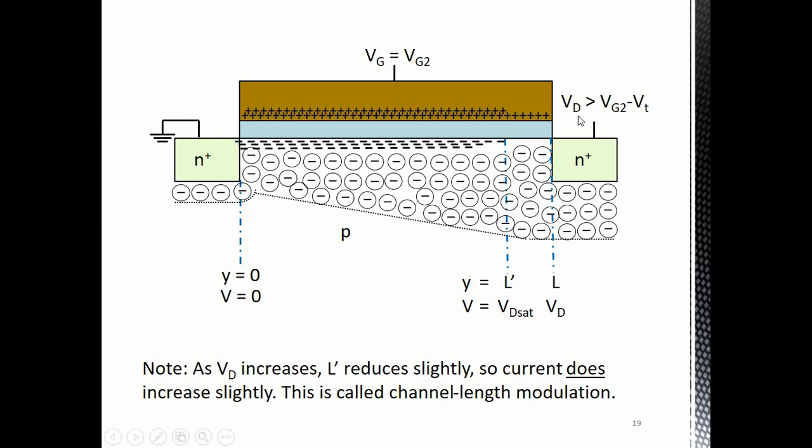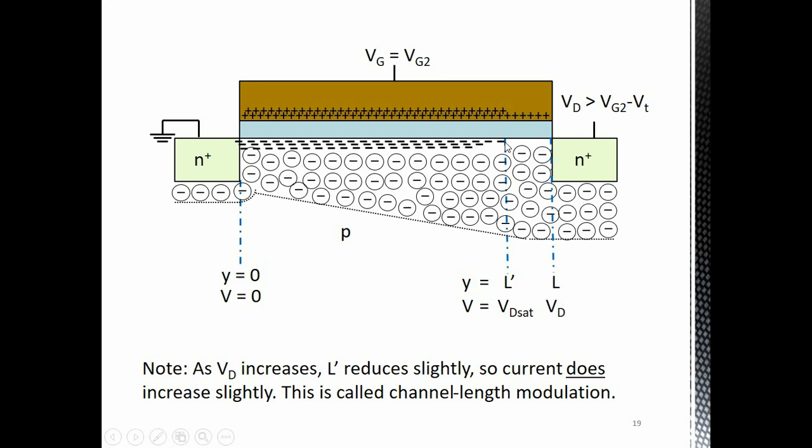So what happens is the point at which the channel ends will be at VD sat, 0.5 volts, because the channel exists up to the point where VG minus VT is equal to the channel potential. So VG minus VT is 0.5. So wherever the channel potential is 0.5, to the left of it, the inversion layer will exist.